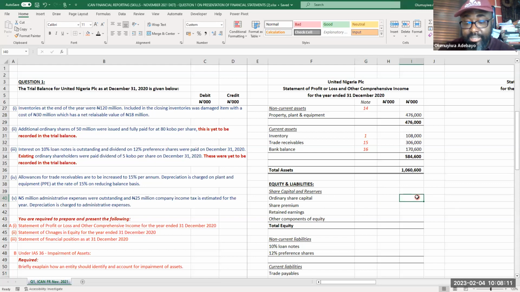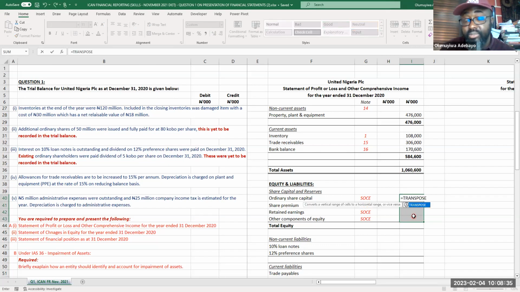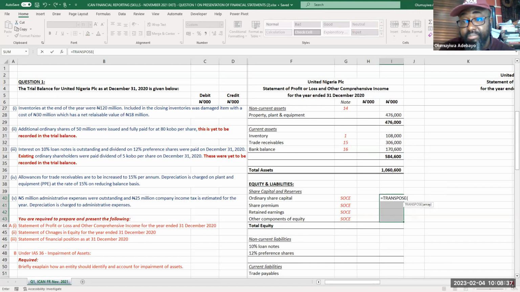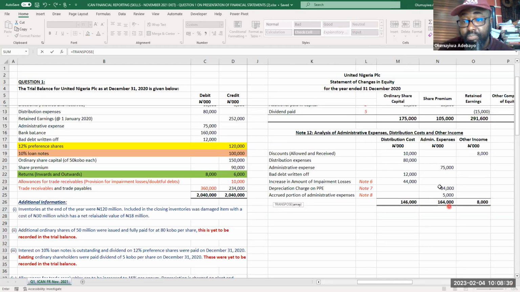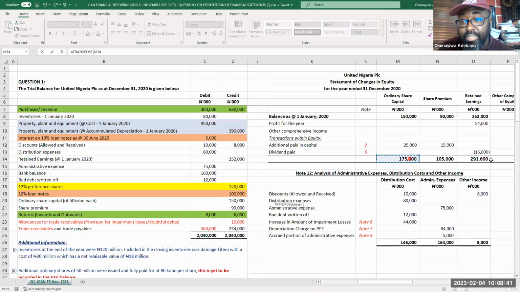We already have that in our statement of changes in equity. Therefore, I just transpose it. If I have it here, I have them here.